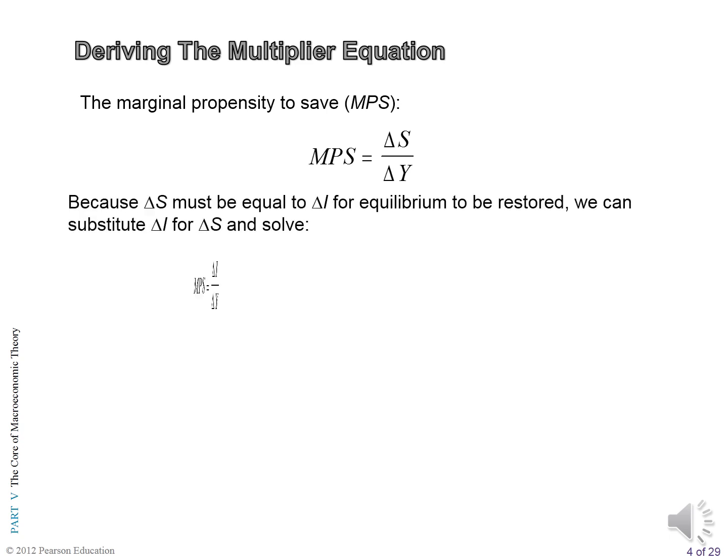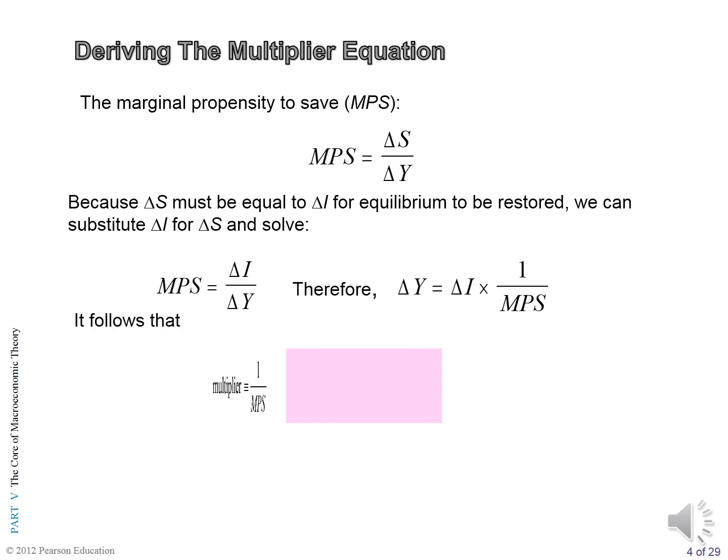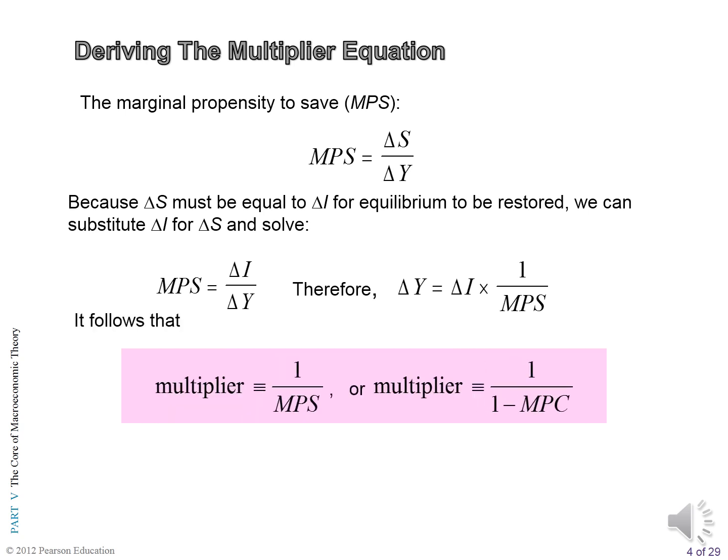So let's substitute delta I for delta S and solve. So marginal propensity to save equals delta I over delta Y. But actually delta I over delta Y is the reciprocal of the multiplier.